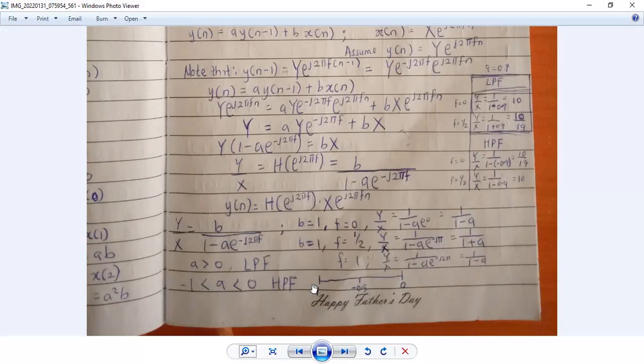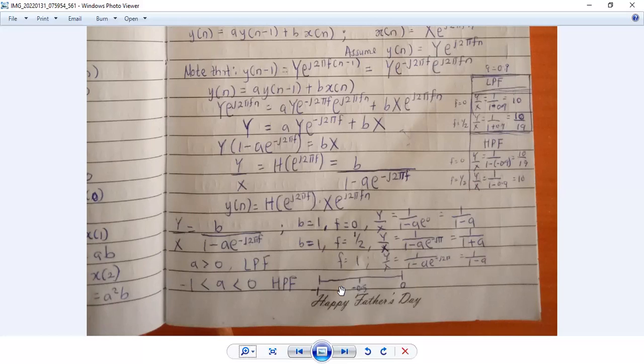So if A is from -1 to 0, it's a high pass filter. How do we know that? This is the transfer function we've got. So let's pick a value from -1 to 0.